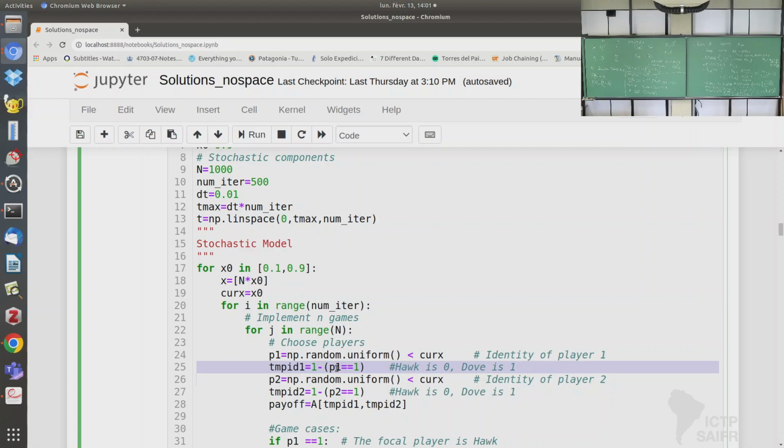Just to clarify one other thing, you always have a probability of something not happening, even if you draw other stuff. Even when you draw, say, a hawk against a dove, you have g times delta t probability of birth, but delta t is going to be small.